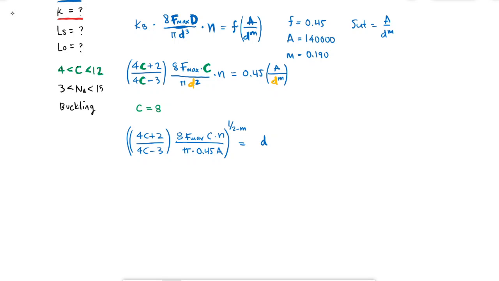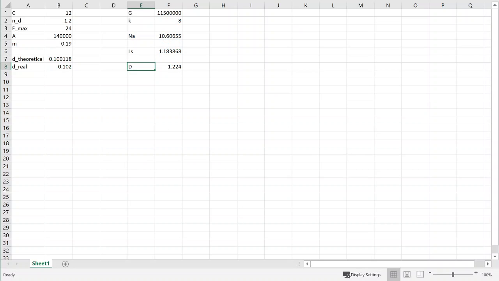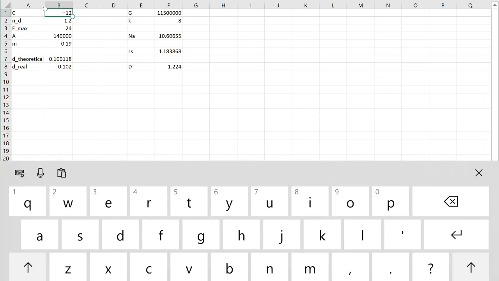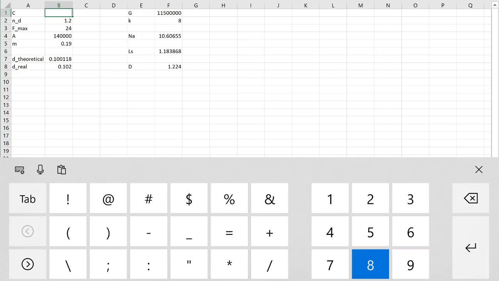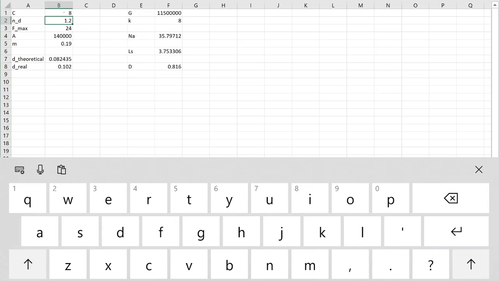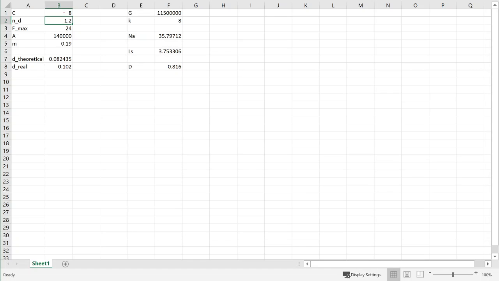So I can write something like this in Excel. I just do the calculations quickly, you don't need to do this, but I have, for example, here my 12. I can substitute that by an 8. Okay, and I already have written that equation for the theoretical d in this cell.